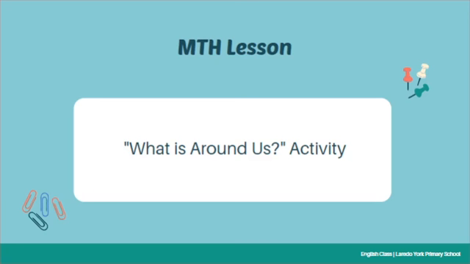So from there, students will move into reviewing what they know about line plots by completing two worksheets that require them to answer questions about a given line plot and then also take measurements and create their own line plot. After students have done that review, then they will engage in the What is Around Us activity. So for this, students will go outside on a nature walk to explore their local community around the school and to see what flowers are around.